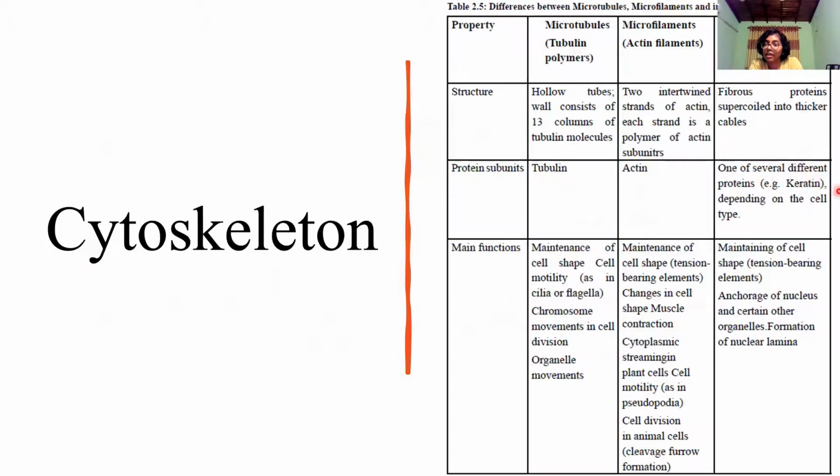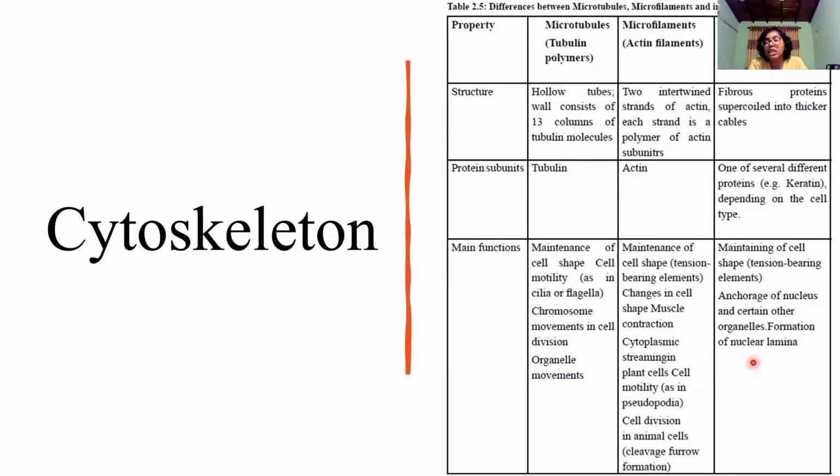As mentioned earlier, different proteins are useful, for example keratin. These also maintain the cell shape. And apart from that, anchorage of the nucleus. As you all know, the nucleus is between two layers, and these filaments are there, so they can anchor the nucleus.